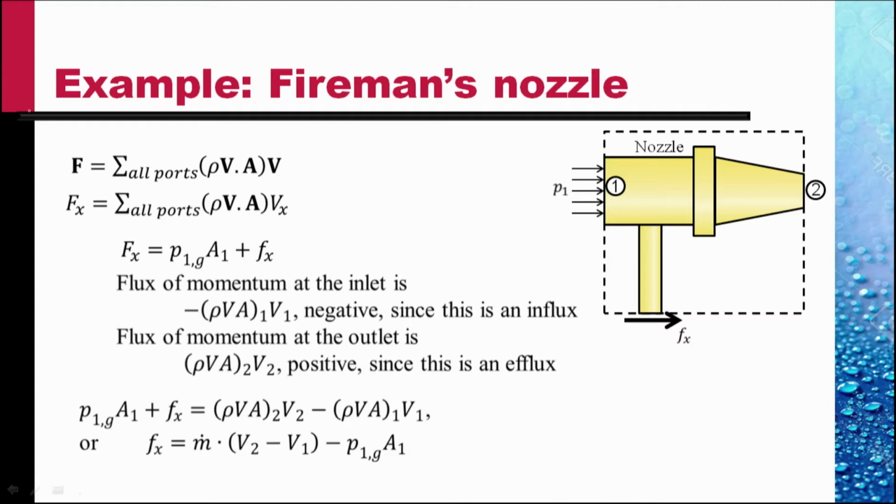So the equation of momentum reads: P1 gauge times A1 plus Fx is equal to rho VA at 2 times V2 minus rho VA at 1 times V1. This is simplified to obtain this result.